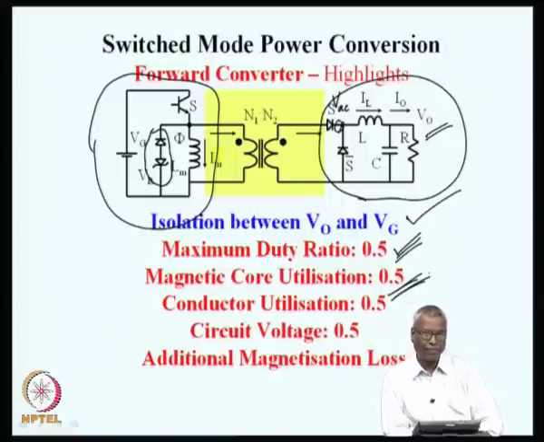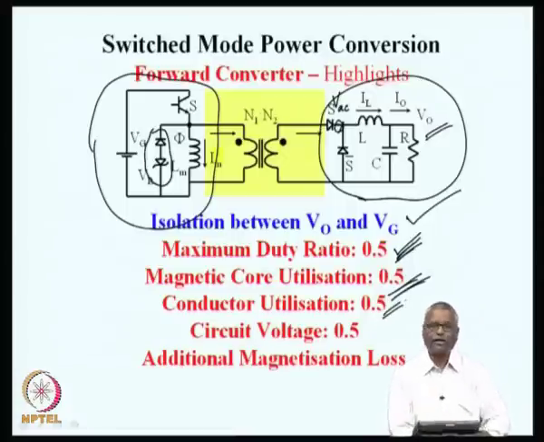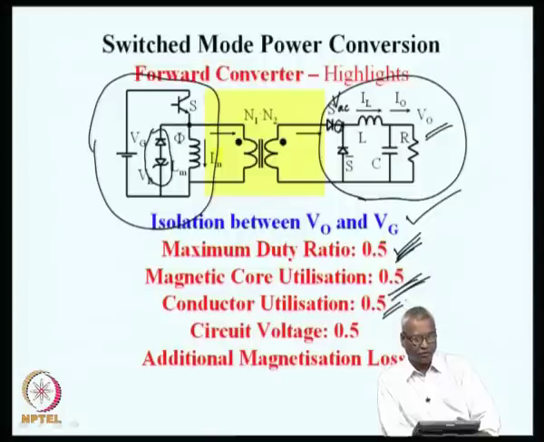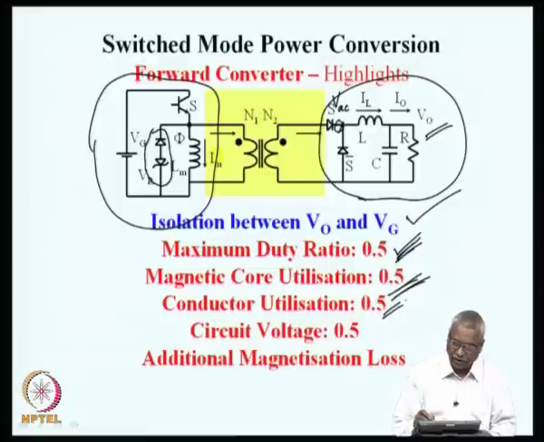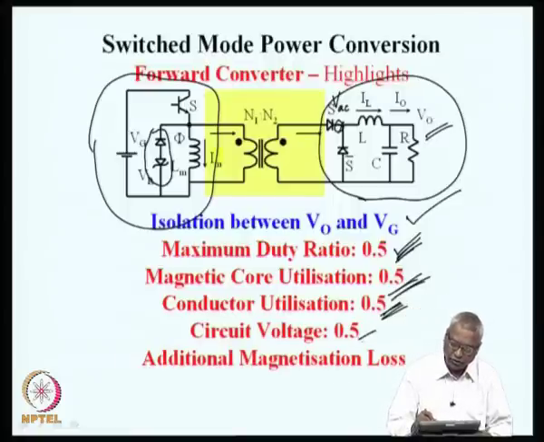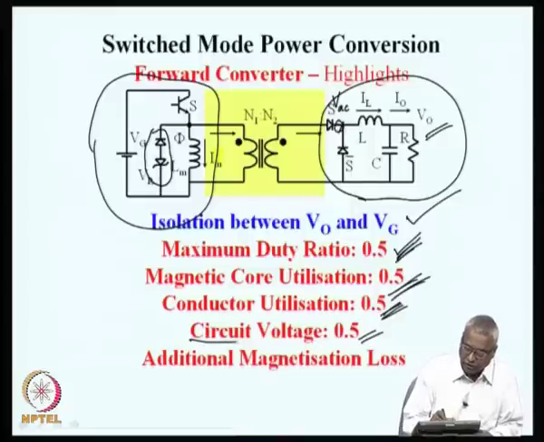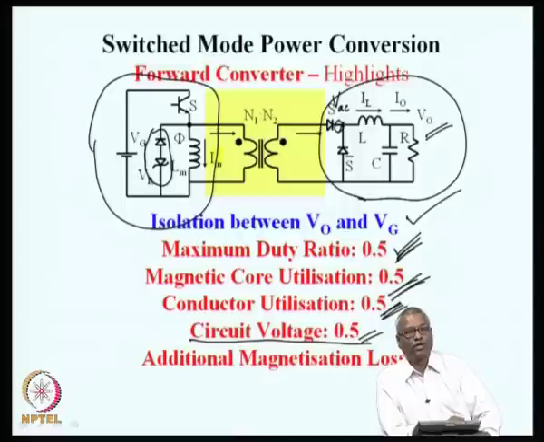And because the duty ratio was limited to 0.5, the conductors on the primary and the secondary of the transformer carry current only for half the time, and so the utilization of the conductor was also limited to 0.5. And we also saw that during the reset process, double the voltage is applied across the off switch S, and so we would say that the circuit voltage is also only half of what is the maximum voltage seen by the switch.